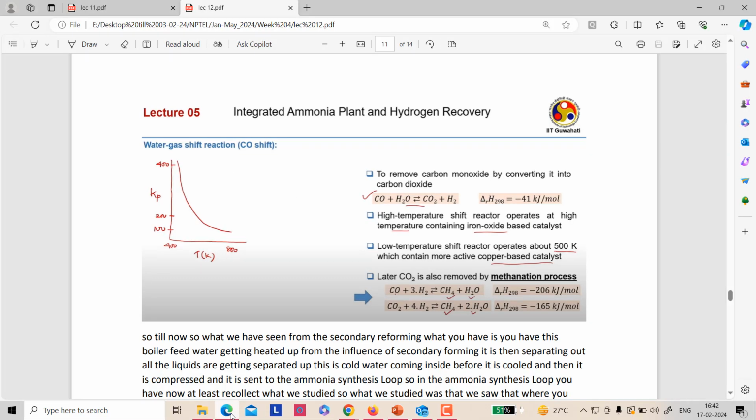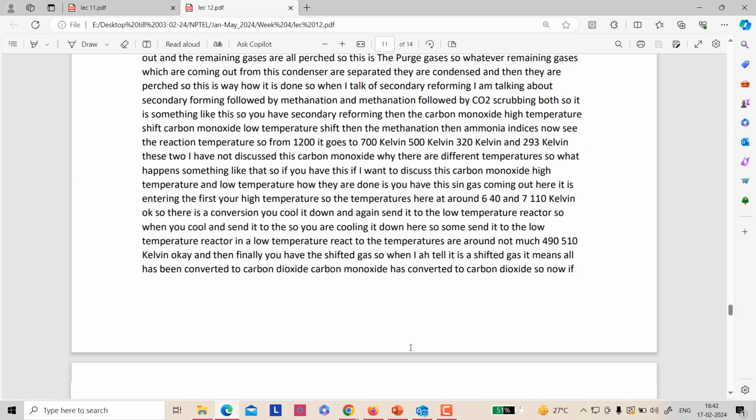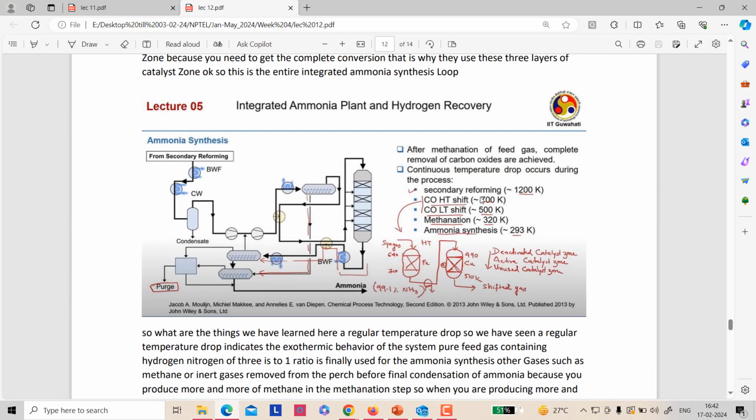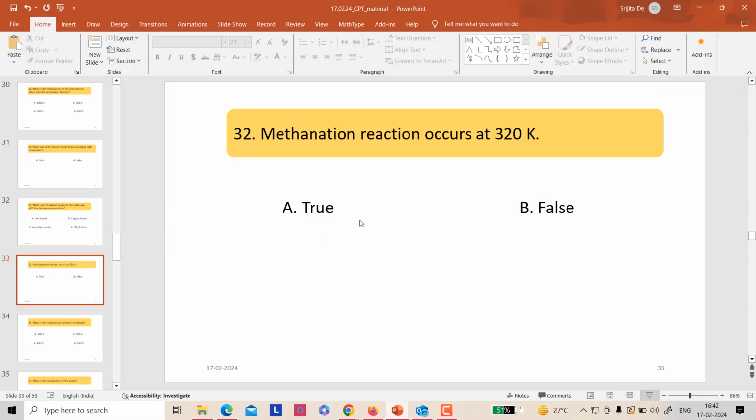You have to remember the chart from here. So all the stages' reaction temperatures are mentioned. Secondary reformer needs 1200 Kelvin. High temperature water gas shift needs 700. Then lower temperature needs 500, and methanation needs 320 Kelvin. Okay, so here the answer is true.